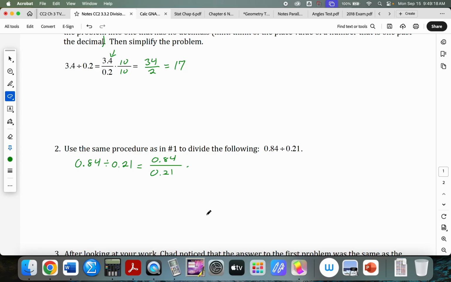What do you think? Jill? Yeah, 100 over 100, because that'll get rid of the decimal for us. This will be 84 over 21. And for that one, I can see that 21 goes into 84 4 times. So that's just 4.